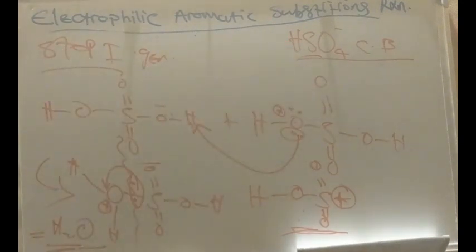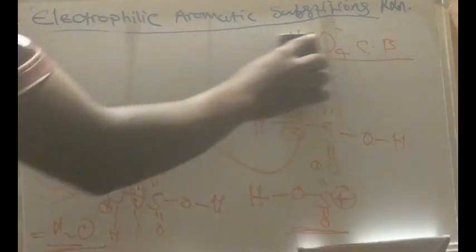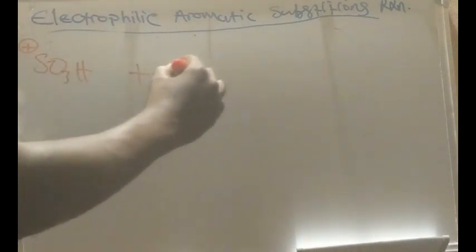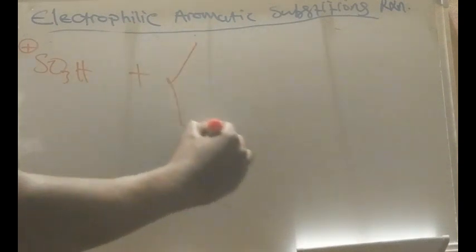Let's go to the second step of the reaction, where we look at aromatic attack. So the newly formed SO3H electrophile, which has a relatively positive charge, is going to be reacted with our benzene ring, which is our aromatic compound in this case.